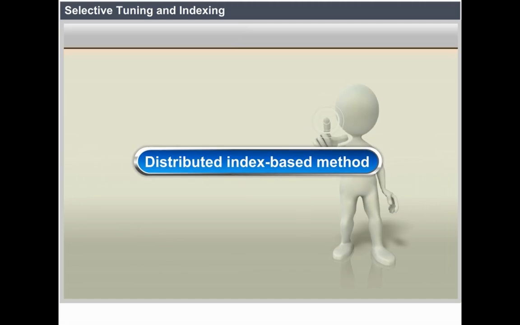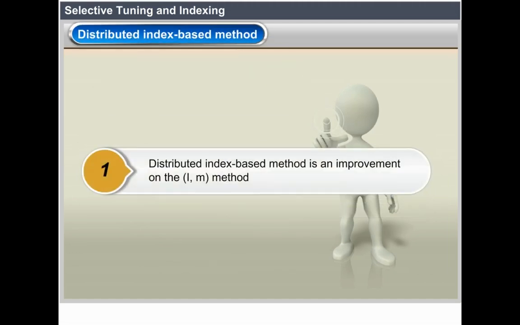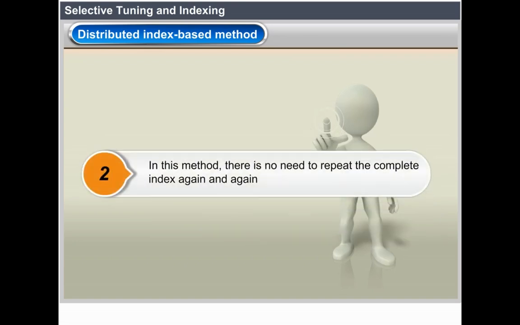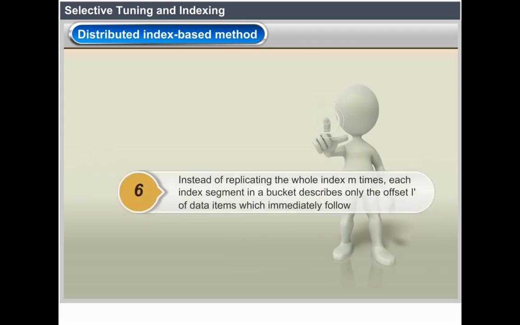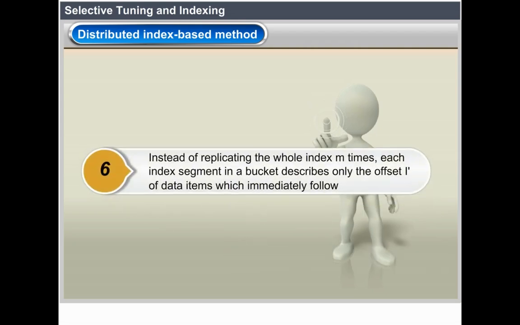Distributed index-based method. The distributed index-based method is an improvement on the IM method. In this method, there is no need to repeat the complete index again and again. Instead of replicating the whole index m times, each index segment in a bucket describes only the offset of data items which immediately follow.